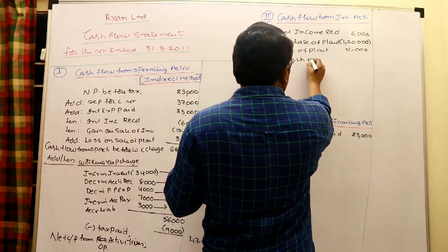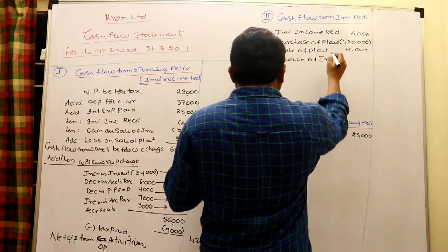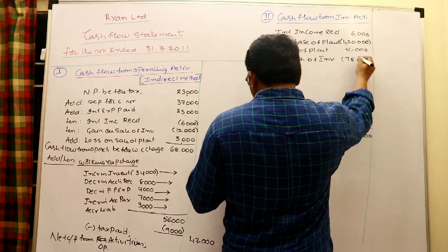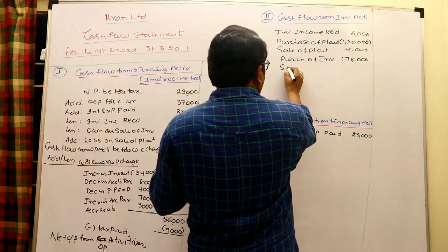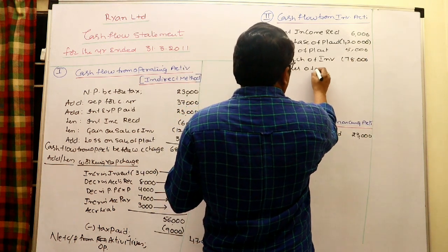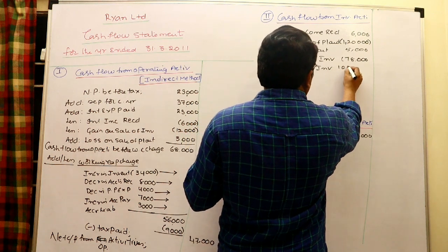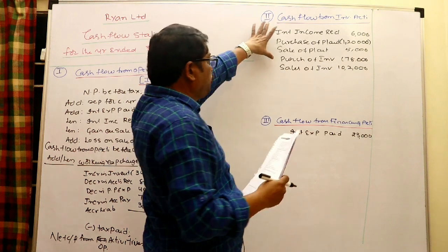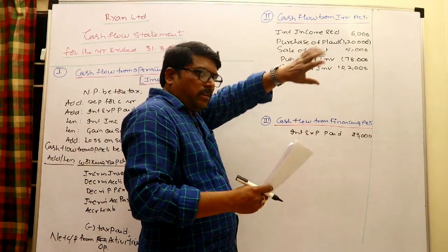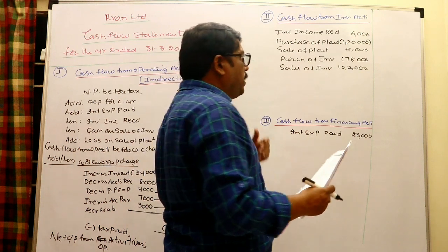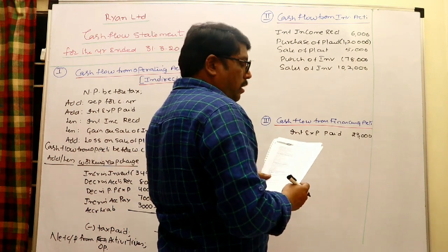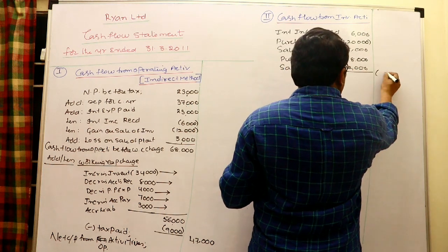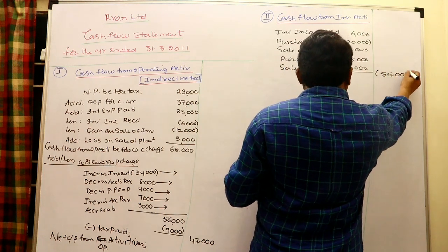Purchase of investments, cash paid 78,000. Sale of investments, amount received 1,02,000. These four are available clearly in the notes and adjustments, and we have taken them in the respective accounts. If you take all of these items, there will be a net outflow of 85,000.